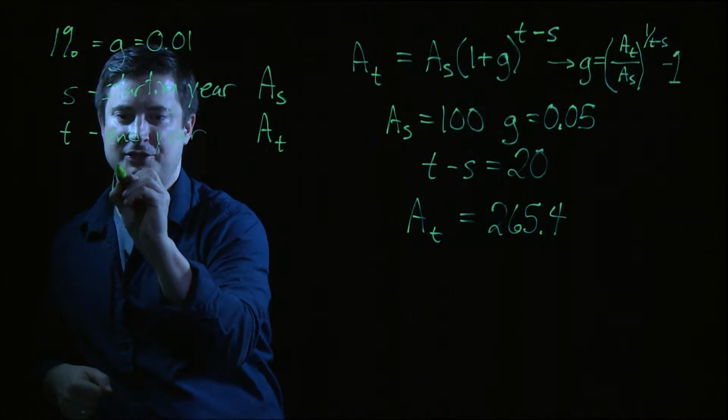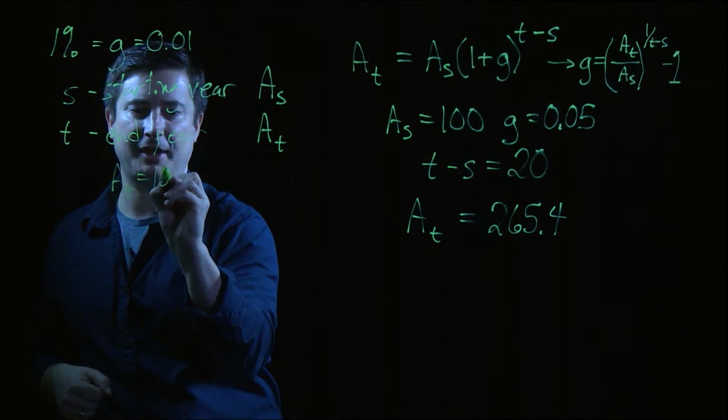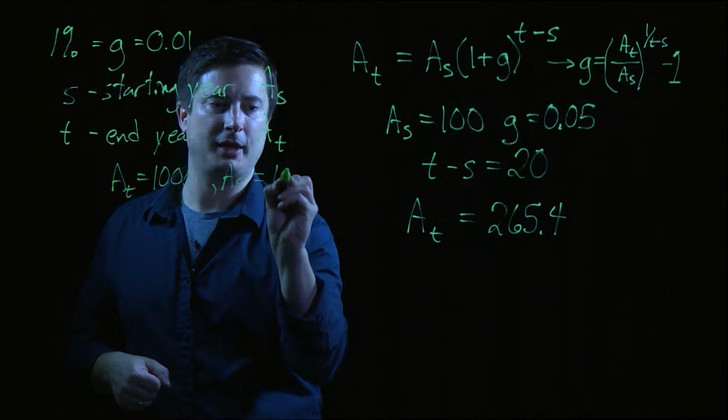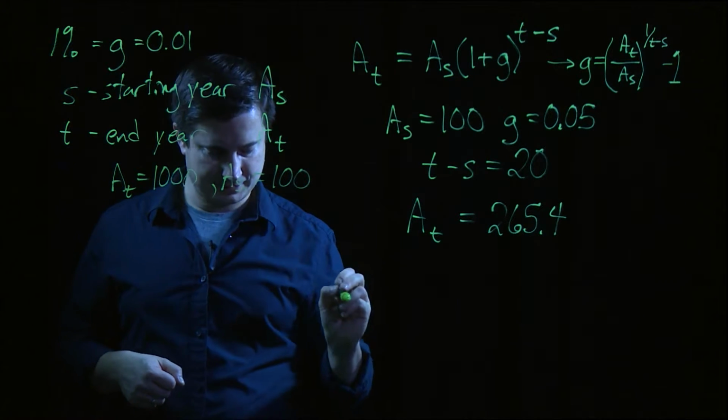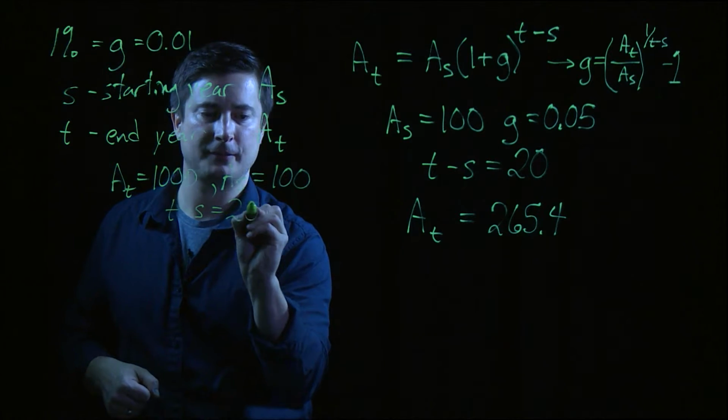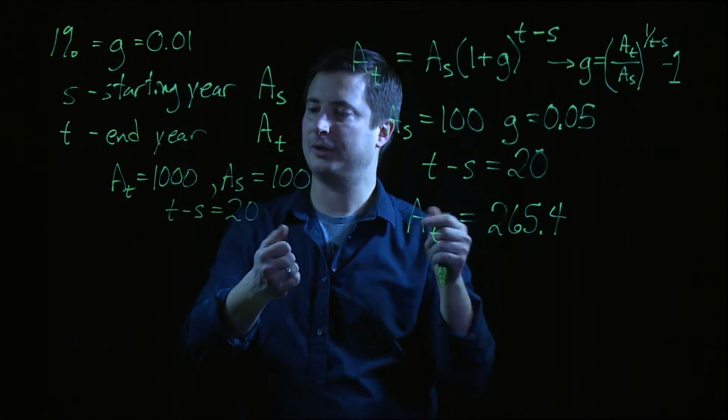So let's do that exact example. Let's imagine that A sub T equals 1,000, A sub S equals 100, and let's do the same one where T minus S equals 20, or 20 years in the future. Okay?